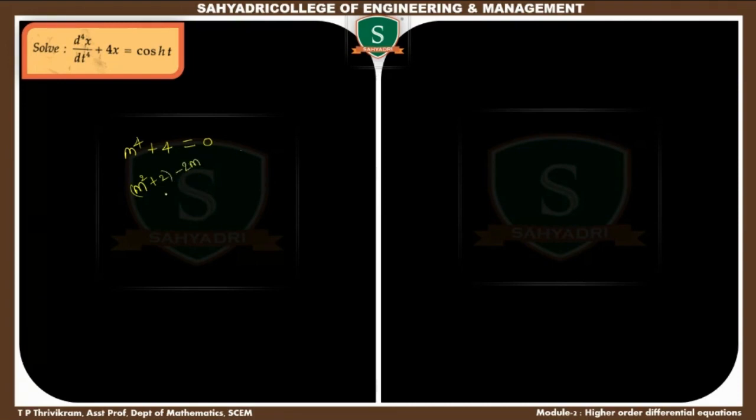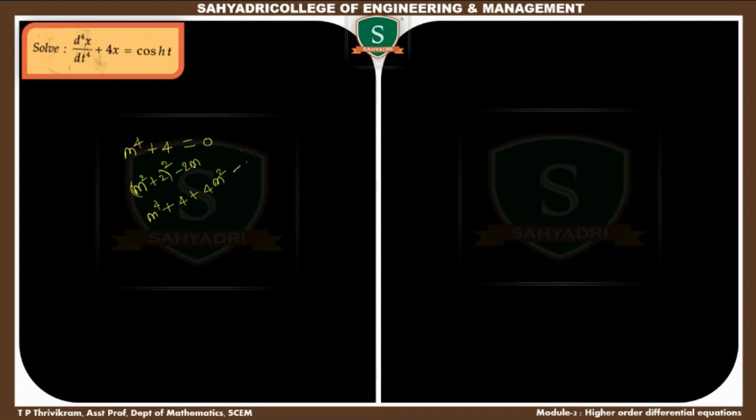So now if I take whole square for this, m square plus 2 whole square minus 2m. So if I take like that, you'll get m power 4 plus 4 plus 2 into m square into 2. So you'll get 4m square.